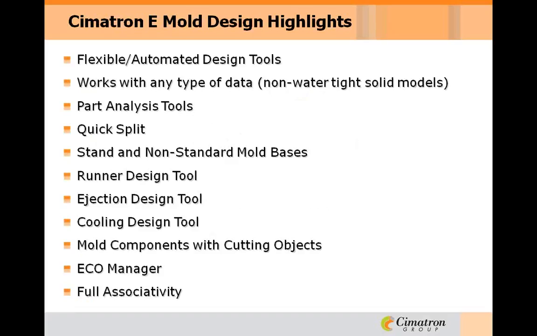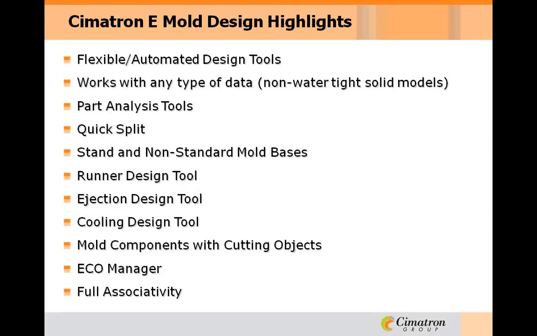Some of the highlights that we'll be going over: our process is totally flexible and automated. We can work with any type of data, which is a very strong point, whether it's IGES, SAT, STEP, any of the standard formats, along with the direct formats. We have some part analysis tools. You'll see Quick Split.